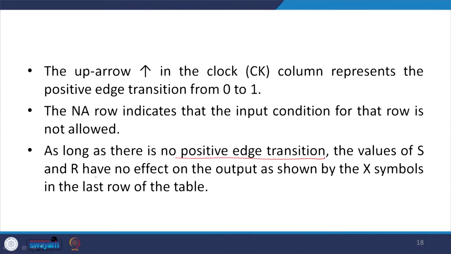Now, the up arrow in the clock column represents the positive edge transition from 0 to 1, and the N arrow indicates, as I said, the input condition that row is not allowed. As long as there is no positive edge transition, the values of S and R have no effect on the output, as shown by the symbol X in the last row of the table.